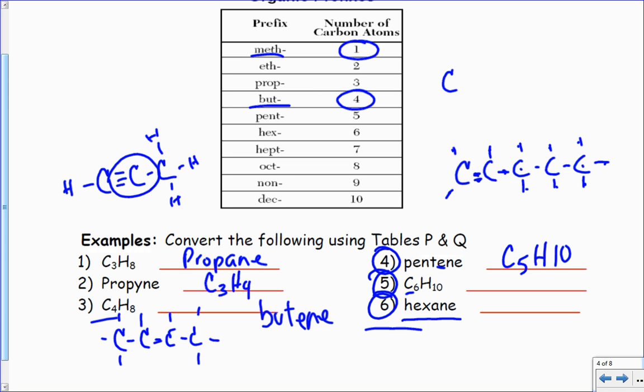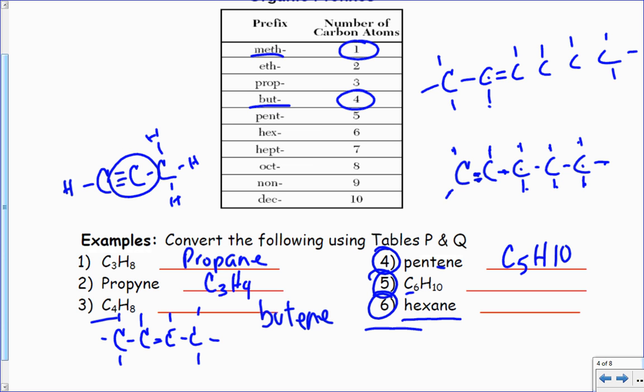C6H10, let me do it out. 1, 2, 3, 4, 5, 6. I have 1, 2, 3, 4, 5, 6, 7, 8, 9, 10. So let's see. This carbon's going to have one bond there to make 4 bonds. The second carbon has 2 bonds, so it needs 2 more.